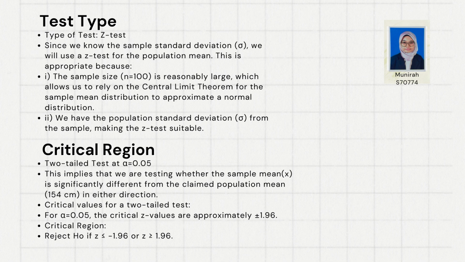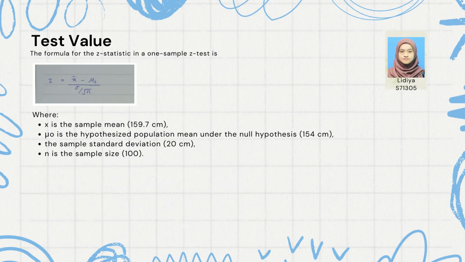For the critical region, we reject H0, the null hypothesis, if z is less than or equal to minus 1.96 or z is more than or equal to 1.96.